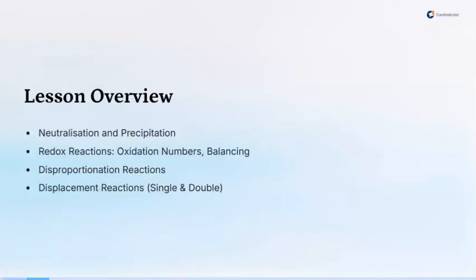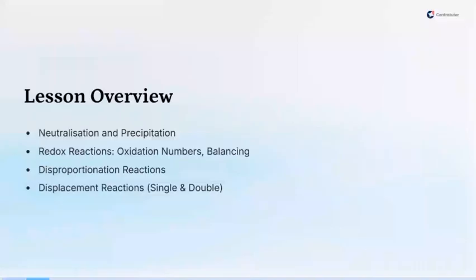For today, the overview, we'll be treating topics like neutralization and precipitation. We'll also handle redox reaction and oxidation number, and also balancing redox reactions. I know this is one topic that has been a bit confusing many a time, so we'll try to see how we can break it down today.